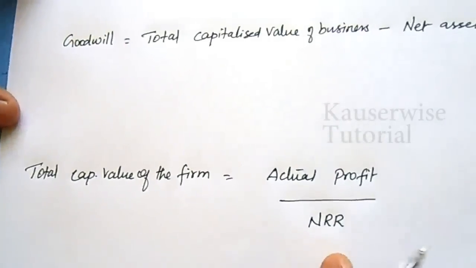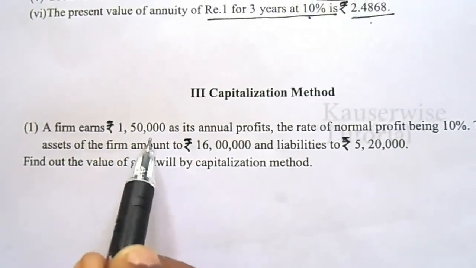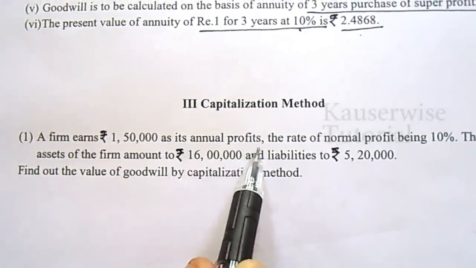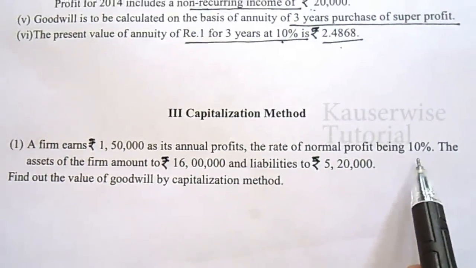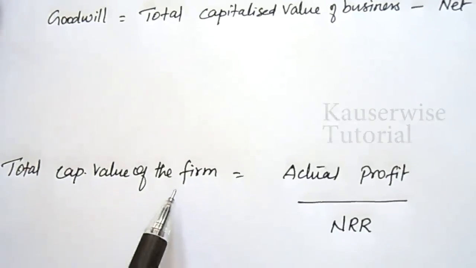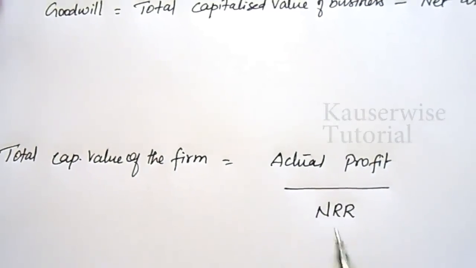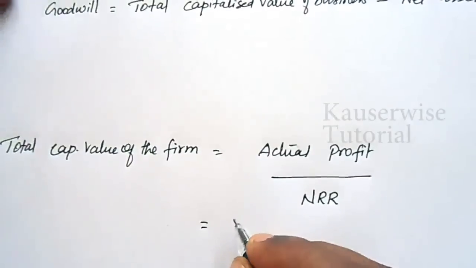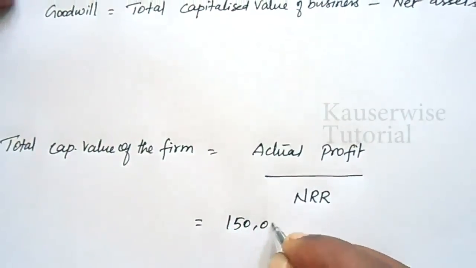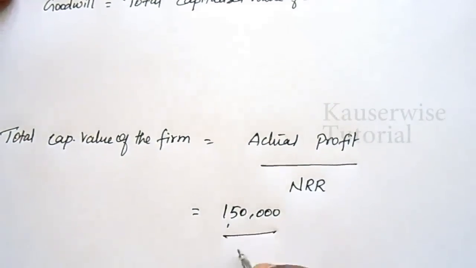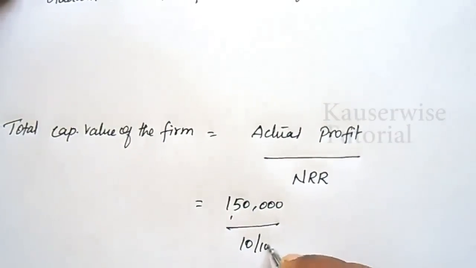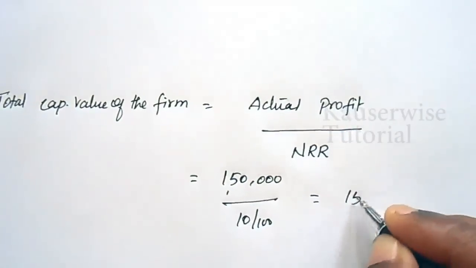So first find out this one. A firm earned 1,50,000 as its annual profit. The NRR is 10%. Total capitalized value of the firm is actual profit divided by NRR. Actual profit 1,50,000. NRR is 10%. Answer is 15 lakhs.